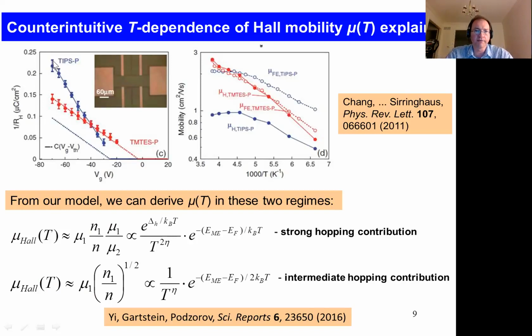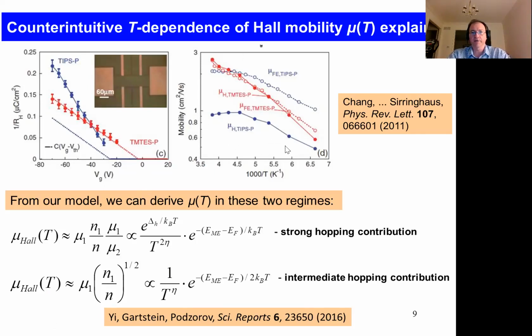The Hall effect carrier density seems to be much greater than the capacitively defined carrier density, indicating that the Hall effect should be only partially coherent. On the other hand, in this TMTES system shown by red data points, it looks like there is a match between the Hall and capacitively defined carrier density, which suggests that the Hall effect is 100% coherent.